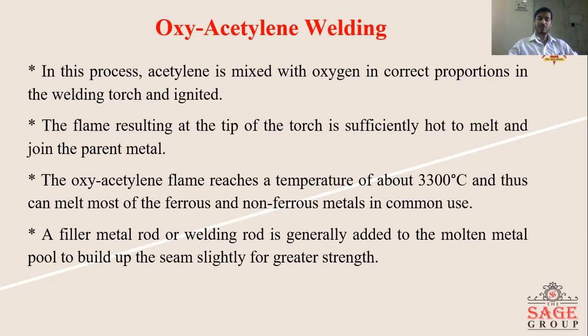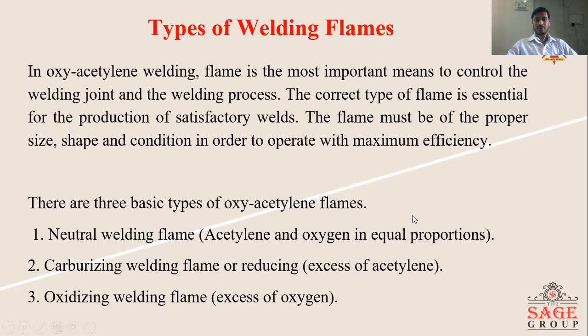The filler metal rod or welding rod is generally added to the molten metal, which when cooled builds up the seam slightly for greater strength. So this is the oxyacetylene welding process and how heat is created at the torch tip.